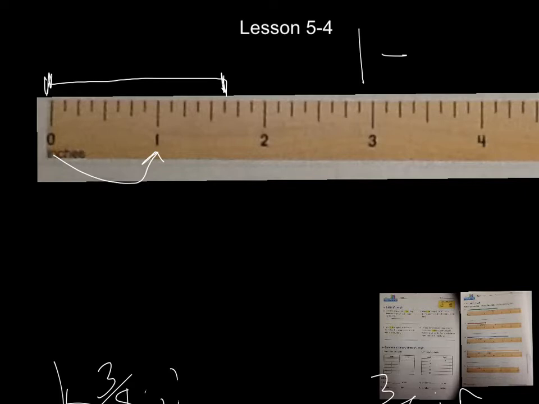So if you look, you have 1, 2, 3, 4, 5 of the lines, so 1 5/8 inch. Once we go past that whole, we keep counting, and we're at the 5th line, so we're at 5 of the 8 needed to be another whole. Okay, hopefully you're seeing this.